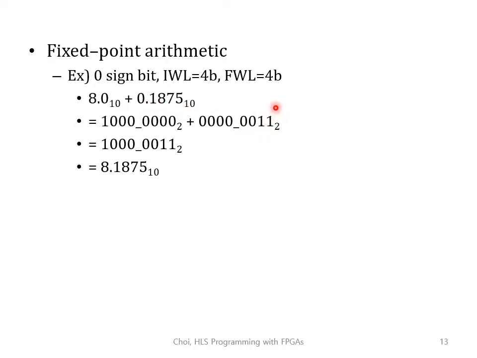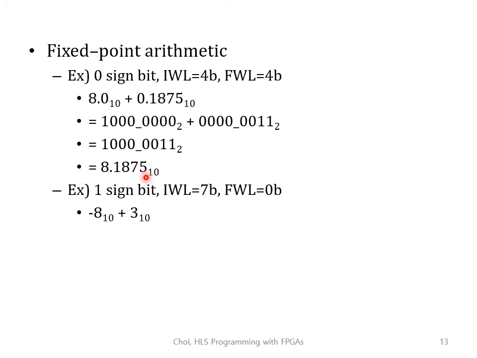There's no leading zeros at the end because the FWL is 4 bits. The added result is you just add these numbers together, and it'll be 10000011. So if you convert this number back into a decimal number, it's going to be 8.1875 as expected.